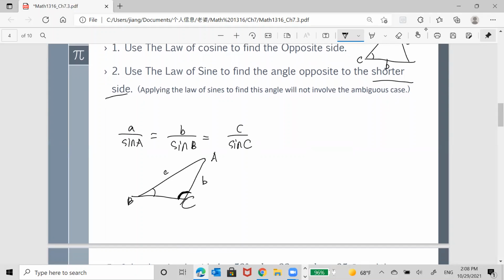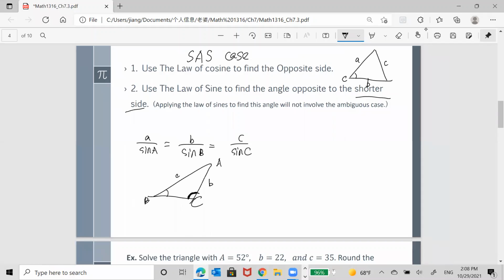We only have at most one angle alpha greater than 90 degrees.